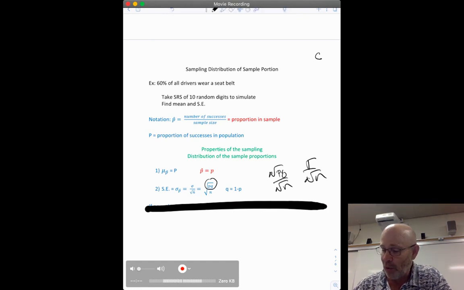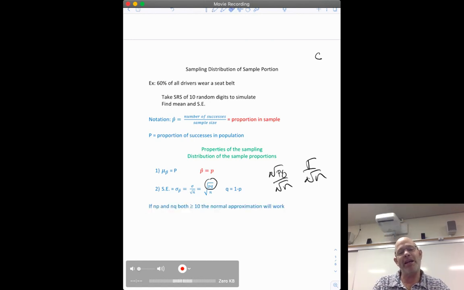And then maybe most importantly, is it going to work? We need a big enough sample size to make this roughly normal, because I'm about to use the normal curve to answer some questions. So the normal curve has to work. And in order for the normal curve to work, we need a big enough sample size. Back in the mean, it was 30. But this is a different problem, and this is totally dependent on P and Q now.